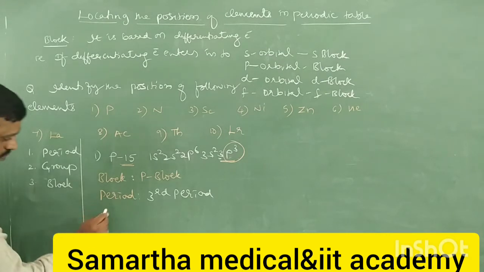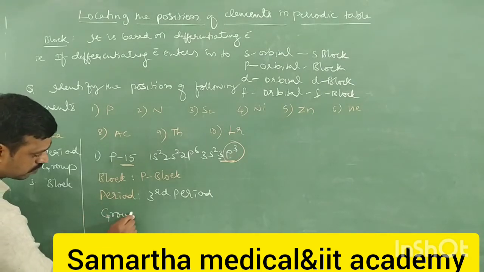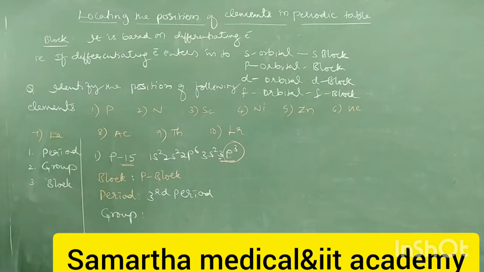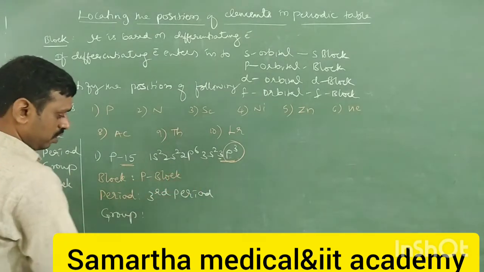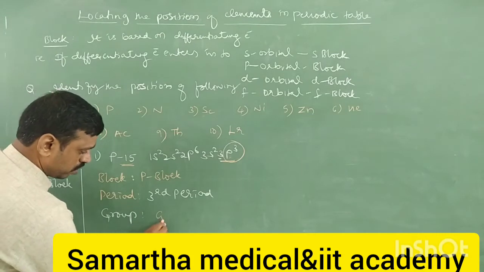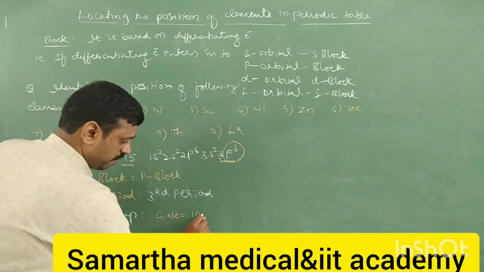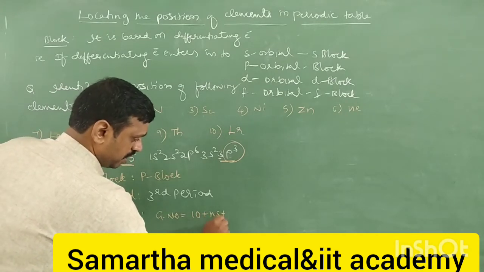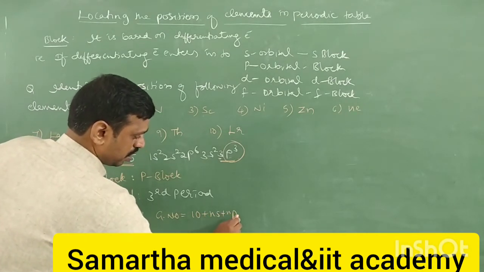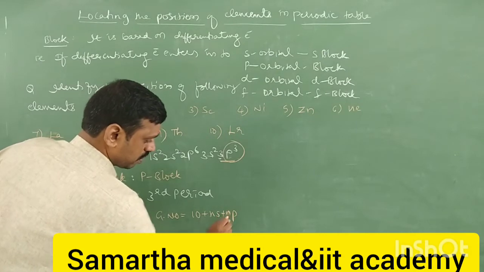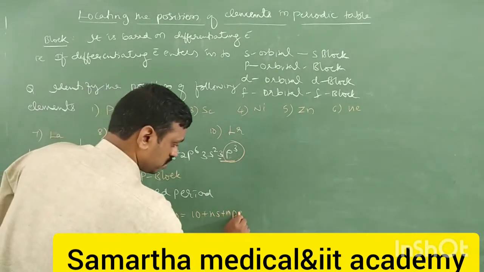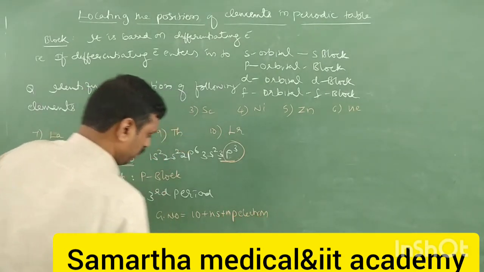Next, group. Tell me, the group number for a p block element: group number equals 10 plus ns plus np electrons. This is the formula you have to remember.